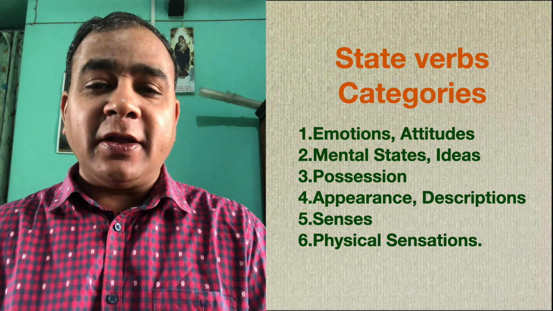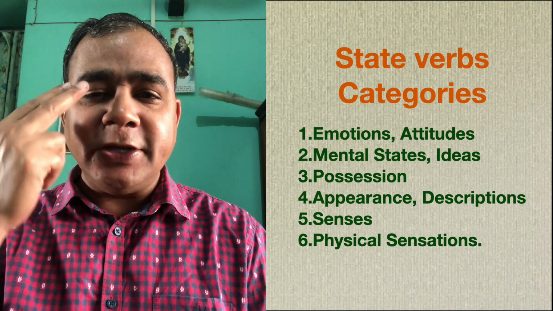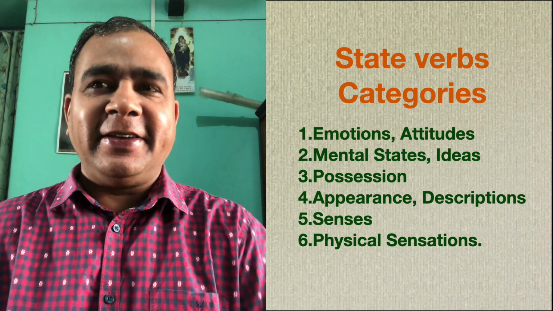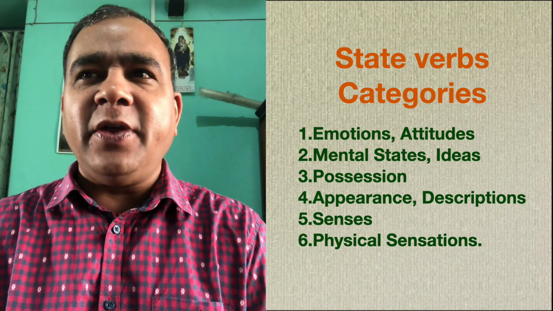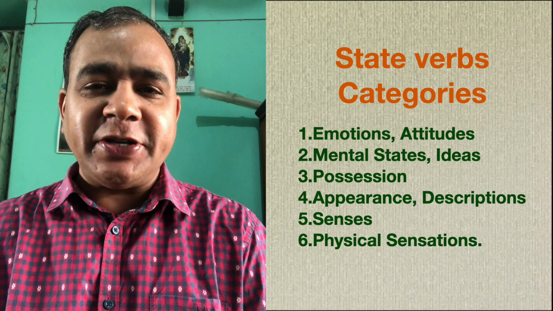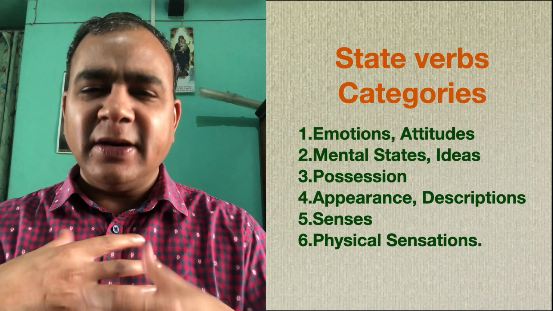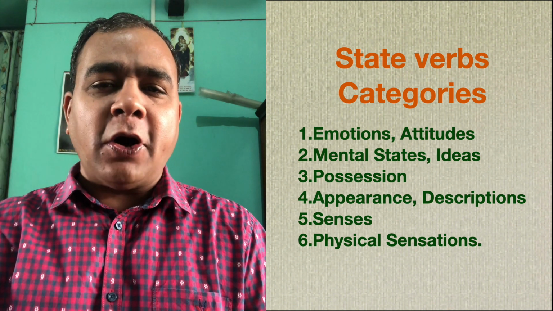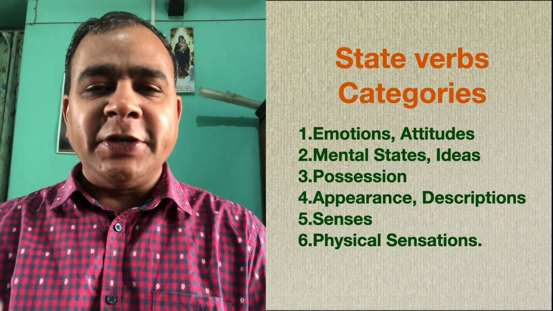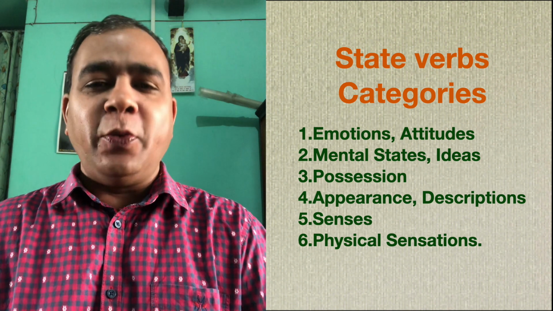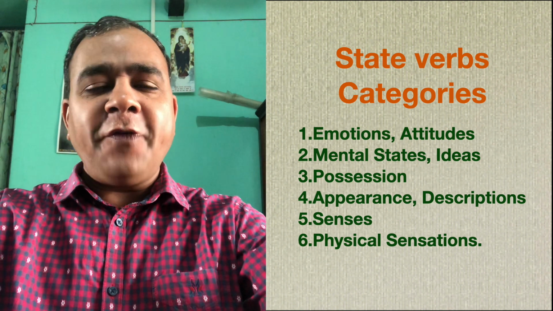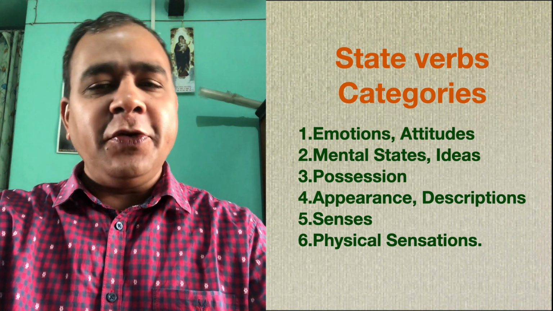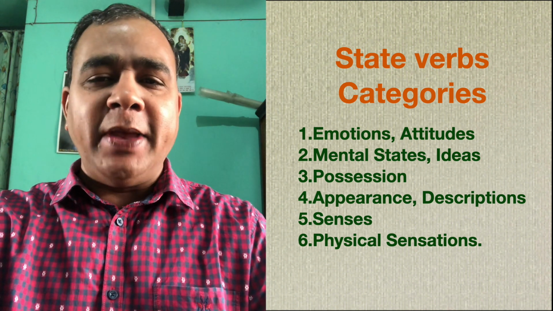And then the fifth category is our senses. Eyes, nose, hear, taste, touch. Okay? And the last category is physical sensation. Okay? Pain, hurts. Okay? So those are the categories. So when we put all the verbs into categories, we can remember well. Okay? So afterwards, let us see one by one and then see some few examples and we will be able to understand.